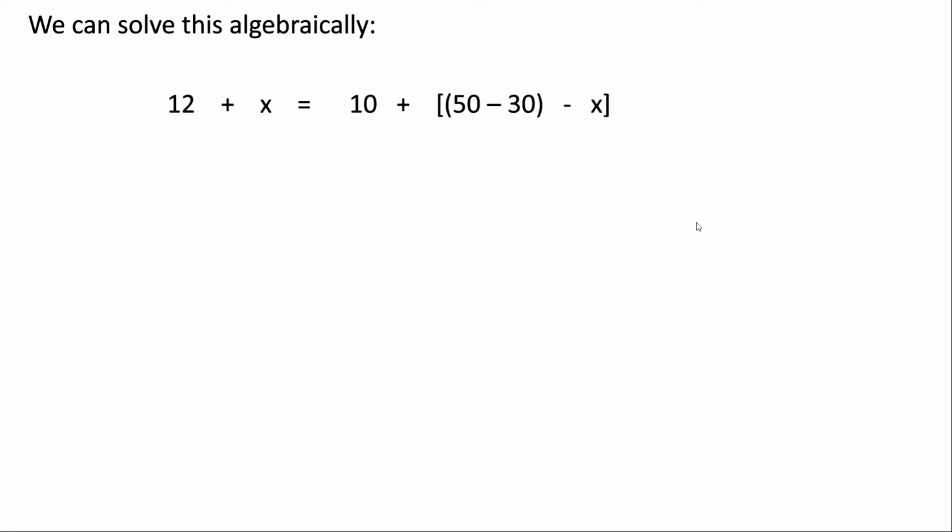Now, the way we're going to solve this is algebraically, and there's a way that we can set this up that'll always work, and we're going to explain what all of these are. The 12 here is the number of votes the candidate you were asked about has. In this case, we were asked about Alucard, who had 12 votes, so that's why we have a 12 here.